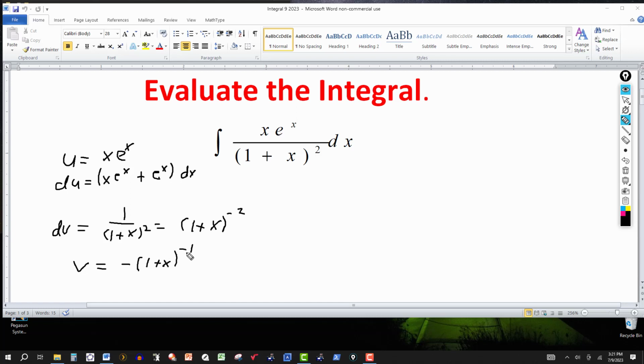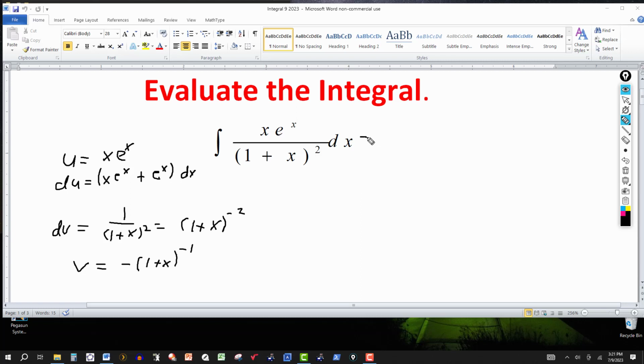And you can check this, take the derivative of this, negative 1 times negative 1 here, that's positive, subtract 1 from that, that's negative 2, and then go to the chain rule, derivative of 1 plus x is 1, that gives you the same thing back.